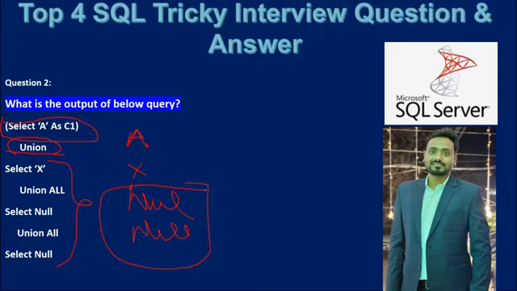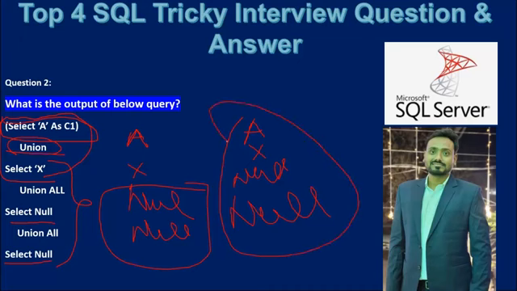The null will be returned 2 times, because execution starts at the first position from the top. First it executes this union, so it will return A and X, and after that it does the union all with the null, so we will have the null, and next it again does union all, so again we will have the null.